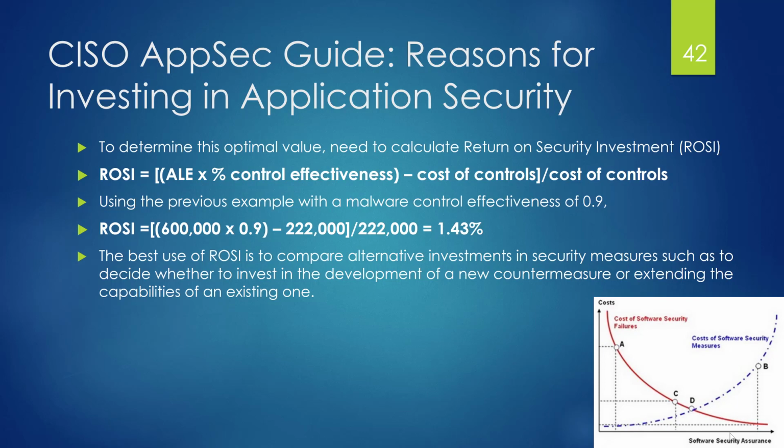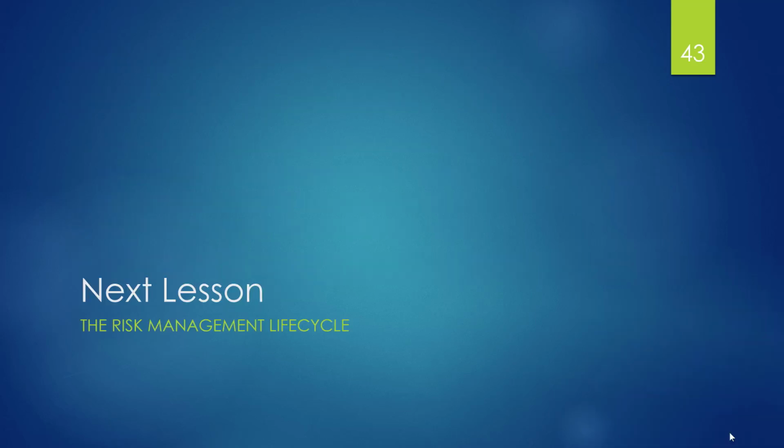In this particular case, if you were able to get that 33 or 37% investment, you're going to come out with a return on investment of a security investment of 1.43. It's a positive number. That's a good number. If you get below 1, you have a problem in terms of your return on investment for a security investment.